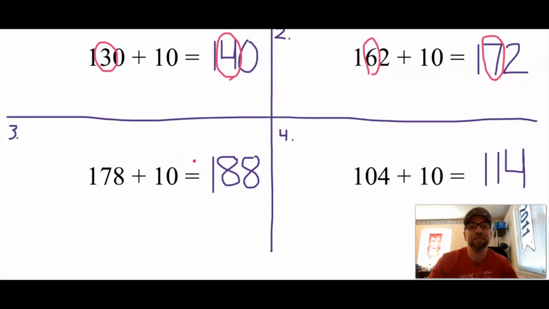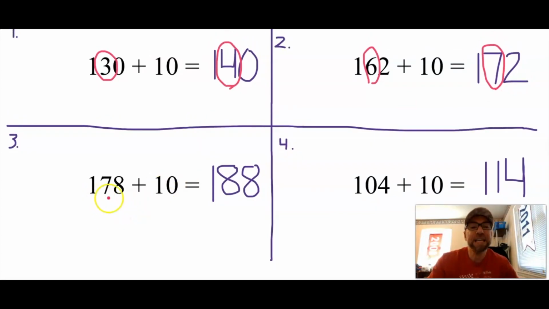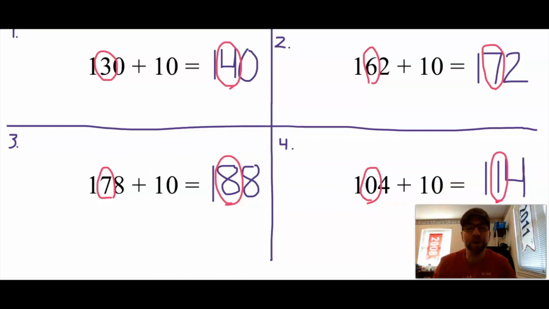Number 3, 178 plus 10, 188. And the last one, 104 plus 10 became 114. Wow, I see a lot of amazing answers out there. Go ahead and erase your whiteboard.